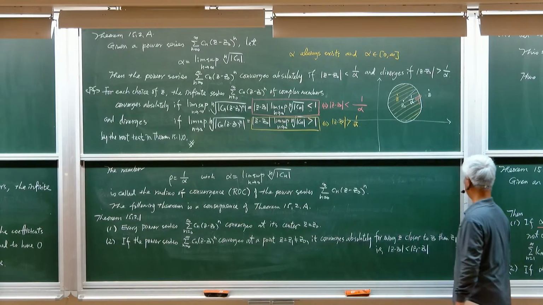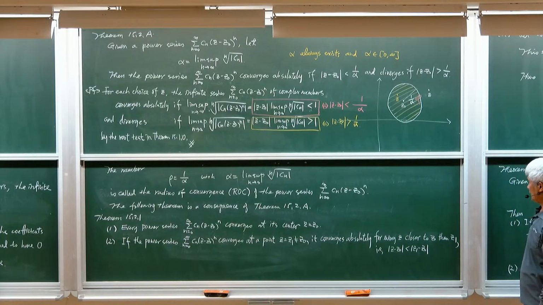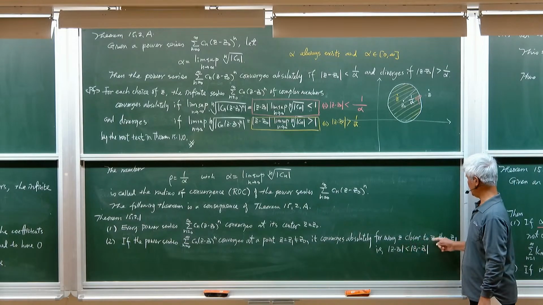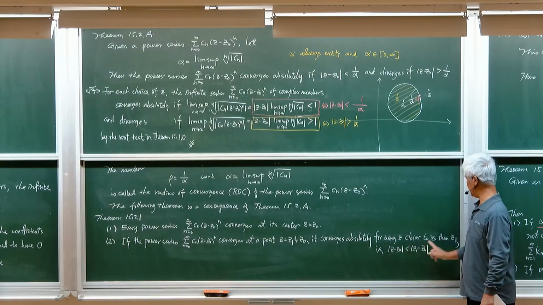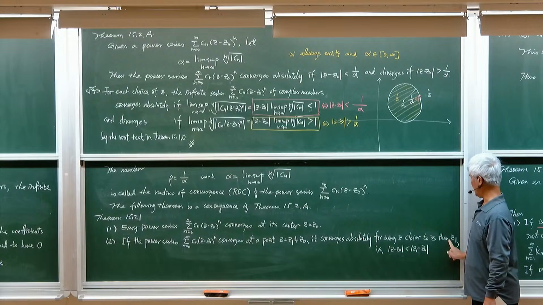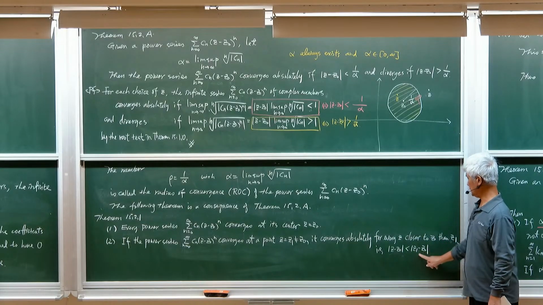So z is closer to z0 than z1 is to z0. You can see that.